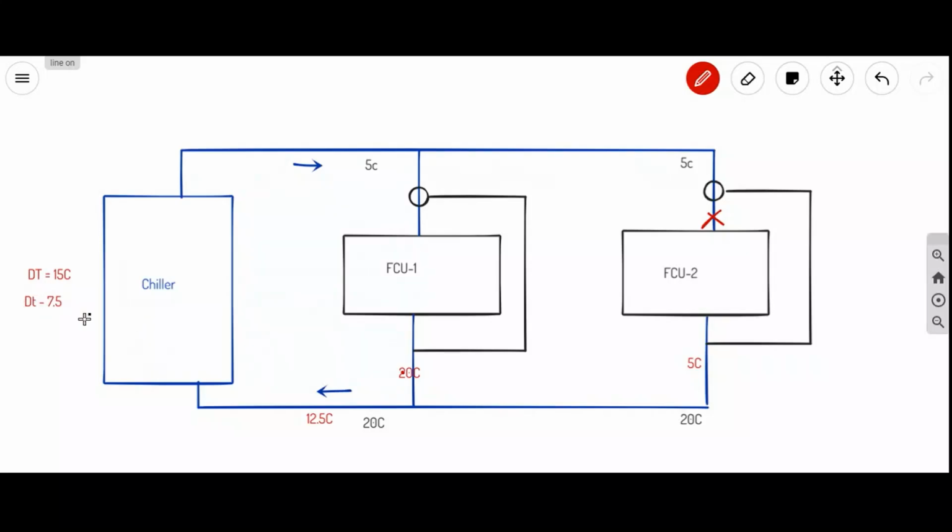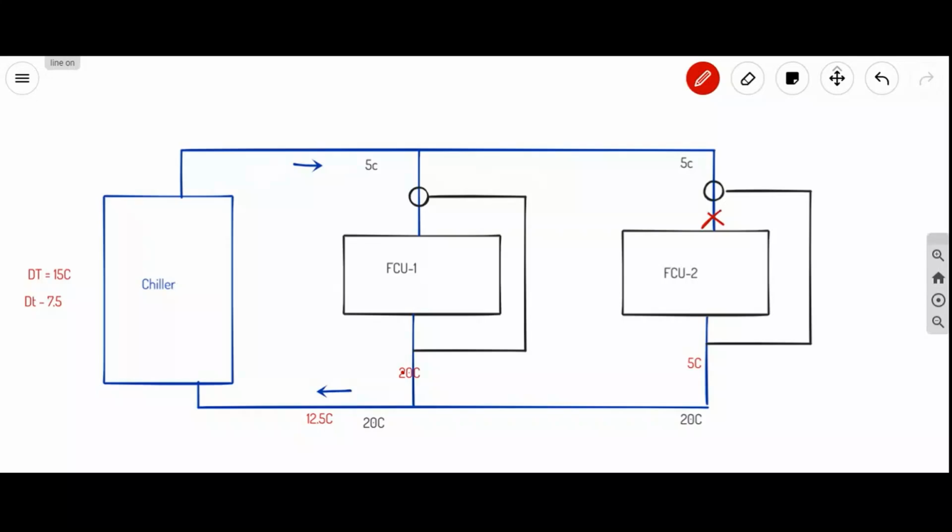So as delta T is decreased, the running cost of the project is going to decrease. Sometimes in big scenarios, if you have 100 or 50 FCUs, there is no need to run the chiller for half an hour to 15 minutes. The same water we can recycle, that cooling is enough, because all the FCUs are not working.